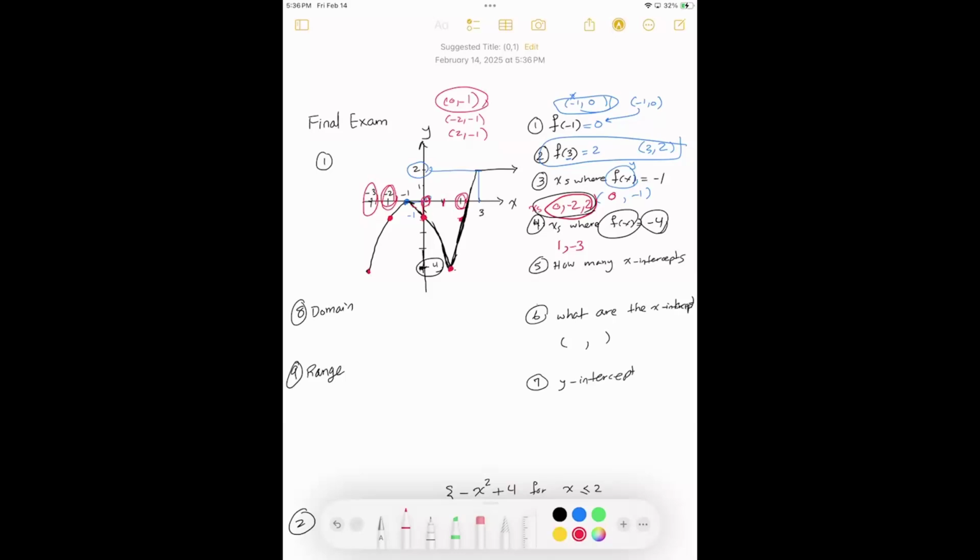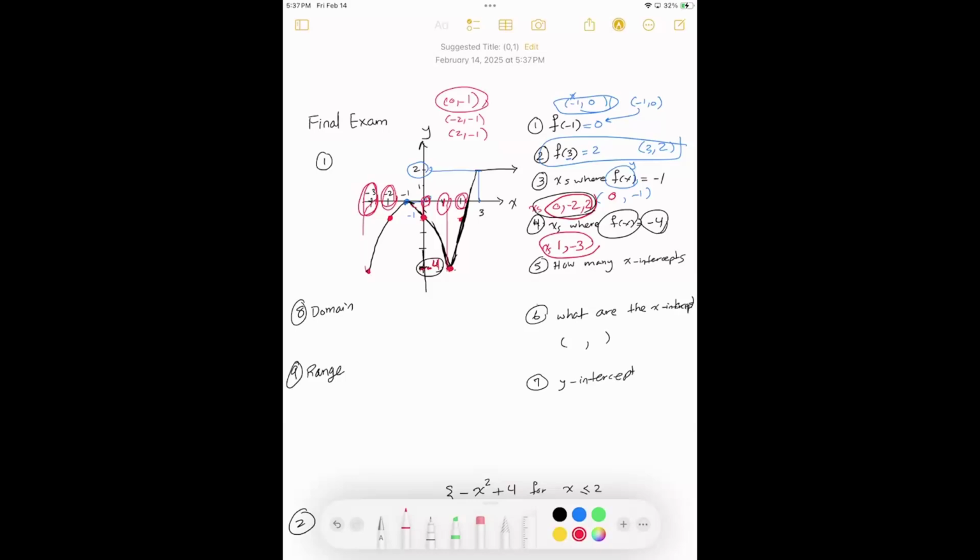When y is -4, the graph is here, the corresponding x is -3. When y is -4, you have the graph on this side. The corresponding x is +1. So these are the x's that give you y is -4.